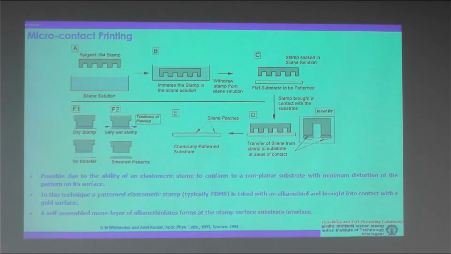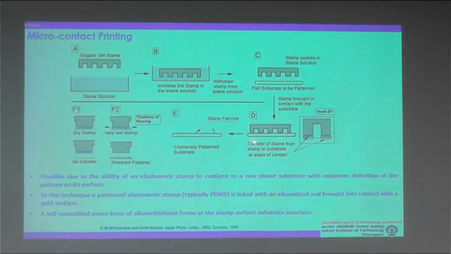create chemical patterns, right? But there are some necessary conditions, since basically what you are doing is selectively exposing the surface, or allowing the SAM layer formation over the surface at selective areas. So certain parameters become very, very important.